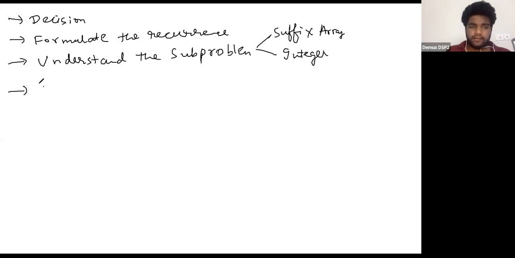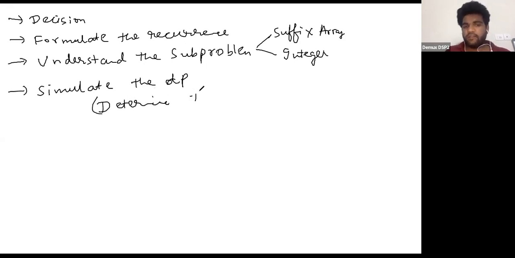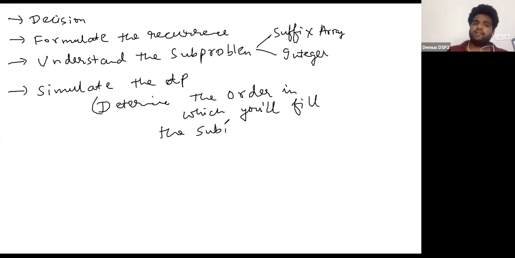Right? The next step should be, you should try to simulate the DP. So by simulating the DP, you should determine the order in which you will fill the sub problems. Right? We discussed this yesterday.